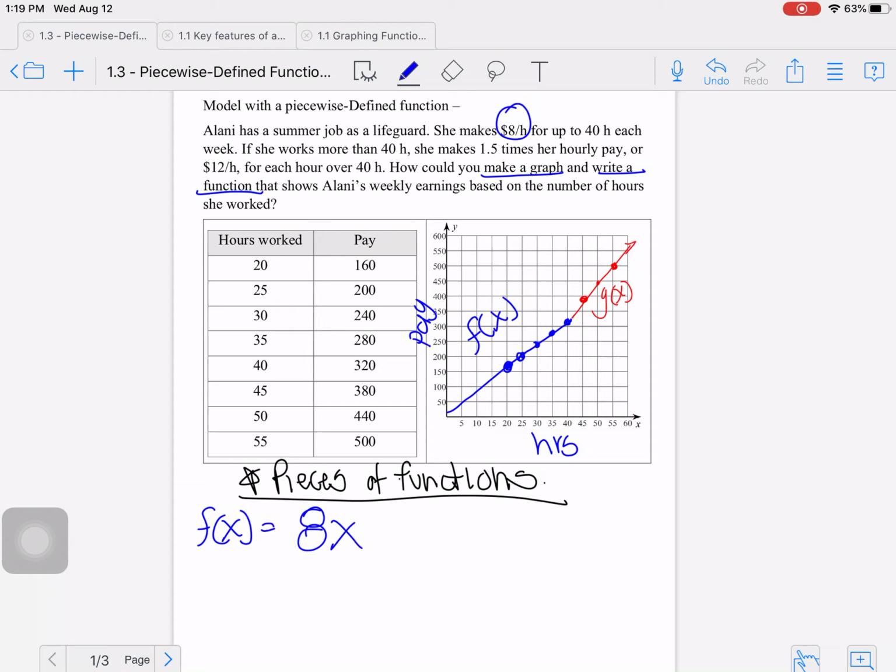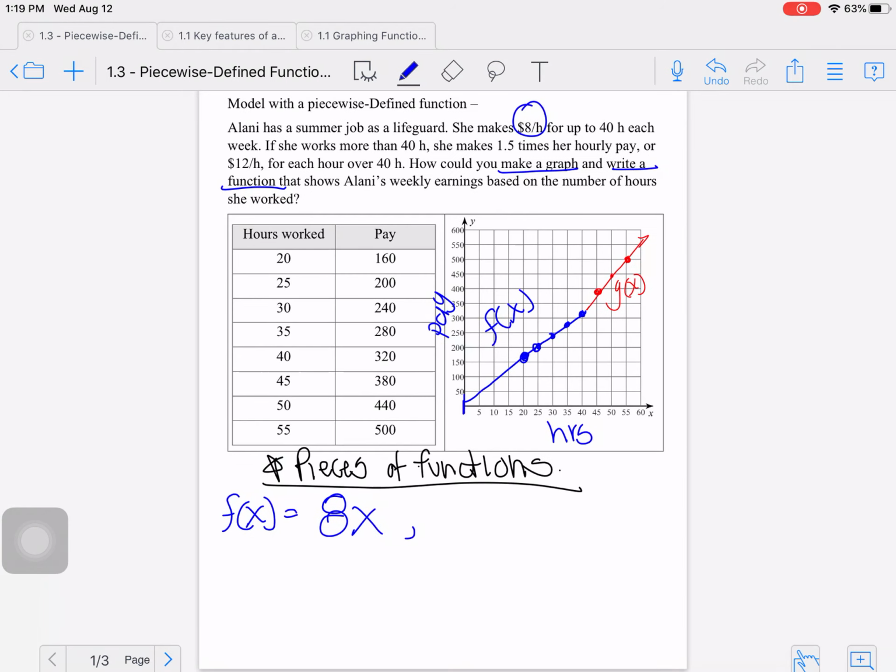Comma, there's a restriction, because that function only exists from a certain interval. In which interval is that one? Well, that's from 0 to 40. So my restriction is going to look like this, from 0 to 40. I'm going to get paid $8 an hour as long as I work between 0 and 40 hours, or exactly 0 or 40 hours.